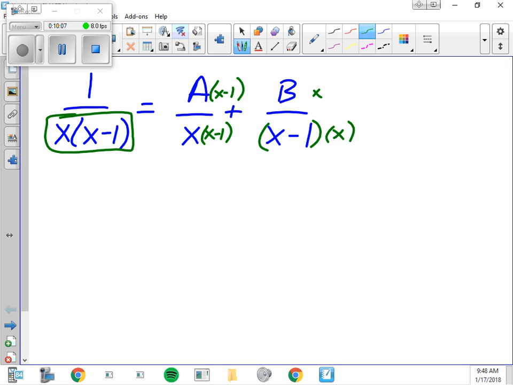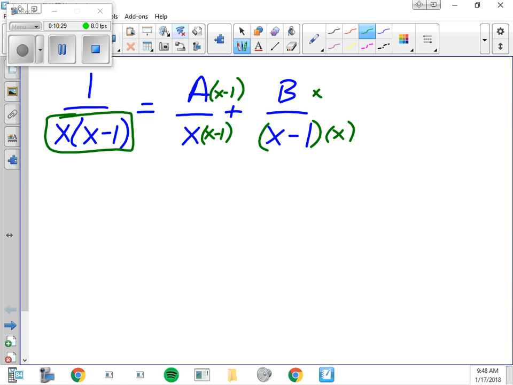Okay? Now, everything has a common denominator, which means I don't need the denominator anymore. Right? Whatever that denominator is, let's say it's 10. If I have something over 10 plus something over 10 plus something over 10, then I can just get rid of all the 10s.